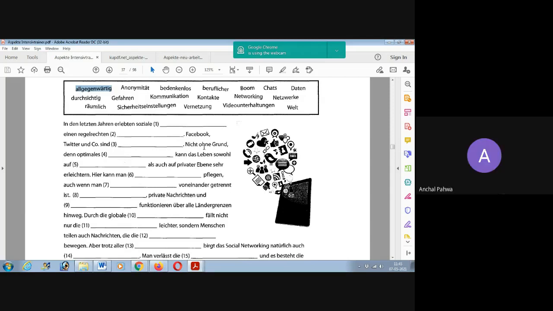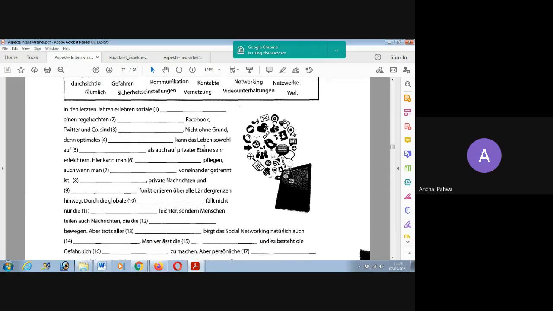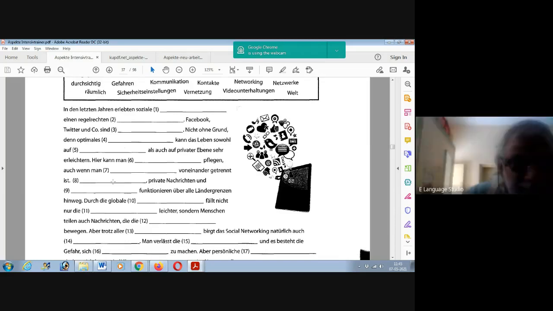Now comes the interesting point. Something, private Nachrichten und something funktionieren über alle Ländergrenzen hinweg.